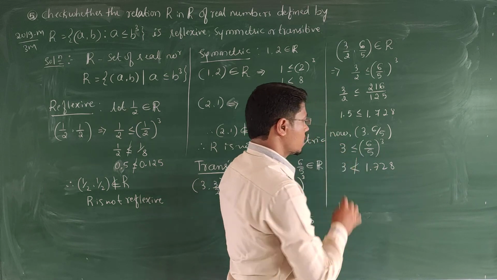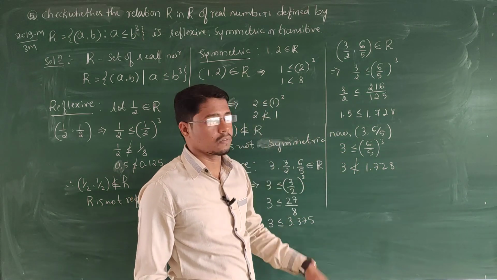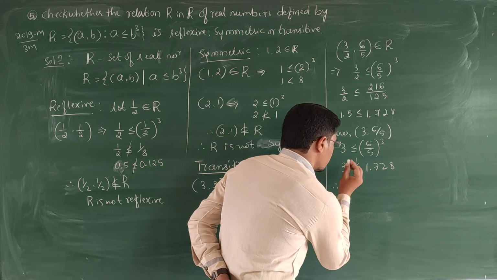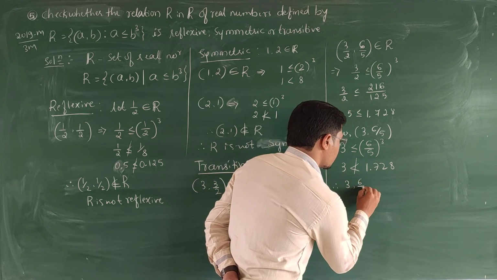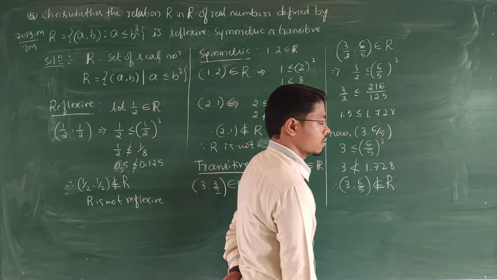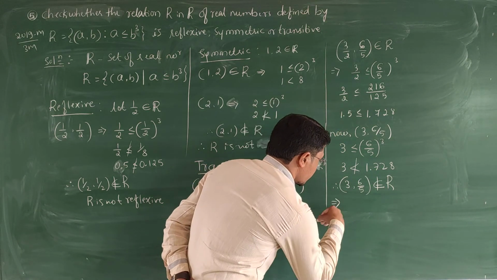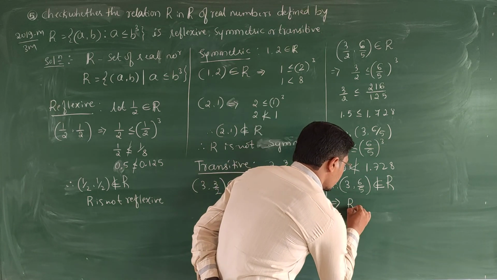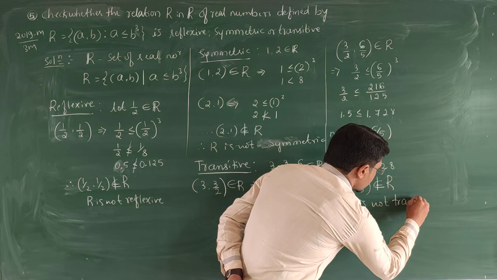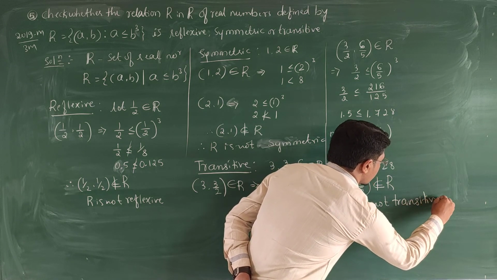No, 3 is not less than 1.728. Therefore 3 comma 6 by 5 doesn't belong to R. So we can say that R is not transitive.